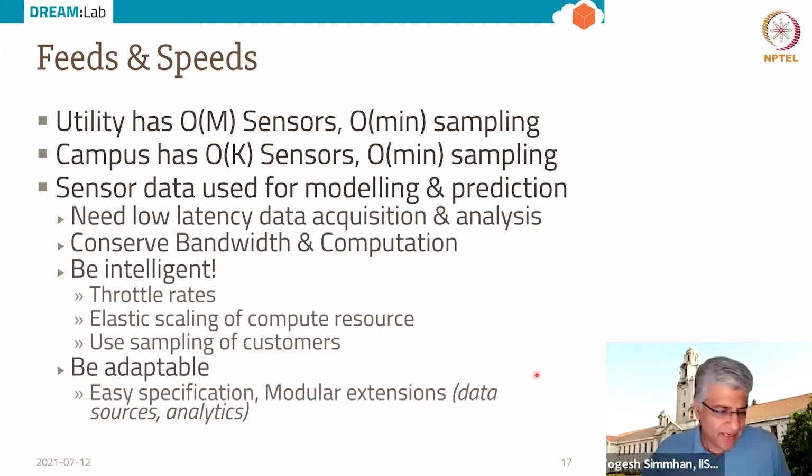All right. So here, I'll talk about two technical challenges that we addressed as part of this big picture goal. One was using real-time data from the various sensors deployed on campus to do good demand forecasting.